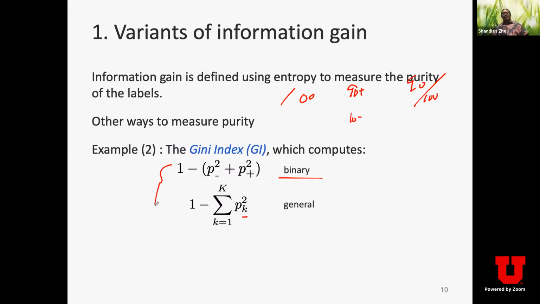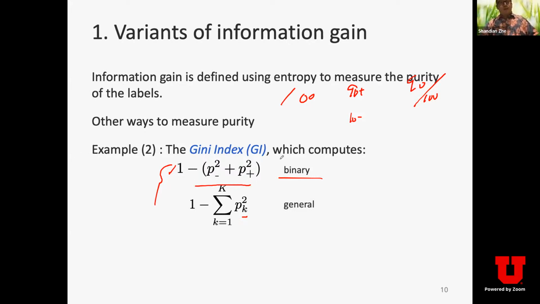So let us take a look at why Gini index can reflect the purity as well. For convenience, let us just look at the binary case. So when is Gini index maximum? You can use a very simple inequality.